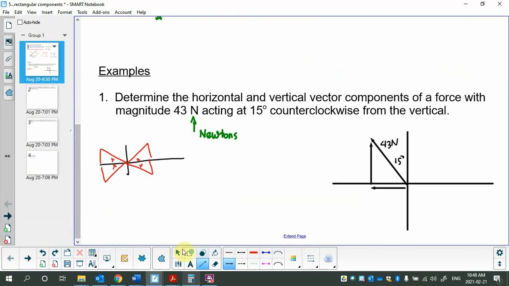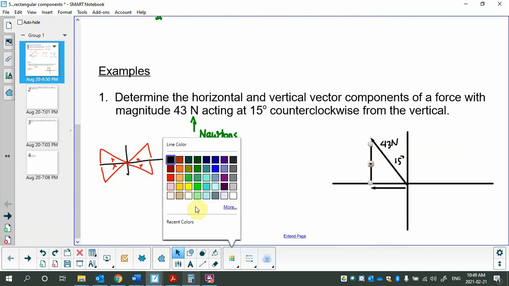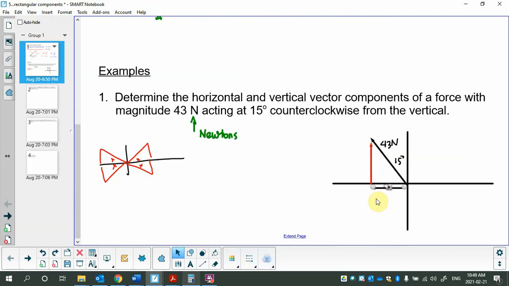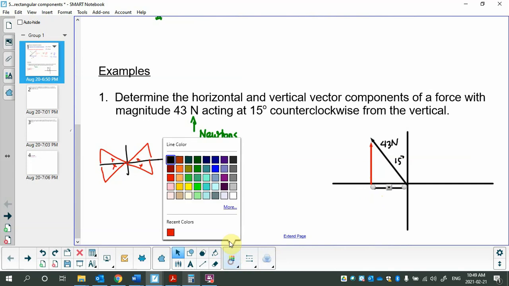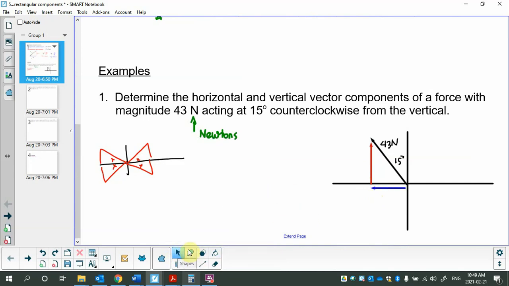So I am going to turn this one into red, my vertical vector, and this one into blue, my horizontal vector. Now, I prefer, personally, not to use the formula and to use trig, because my trig is better than my formula memorizing. But before I do that, I need to find this corner, because that's in the bow tie.